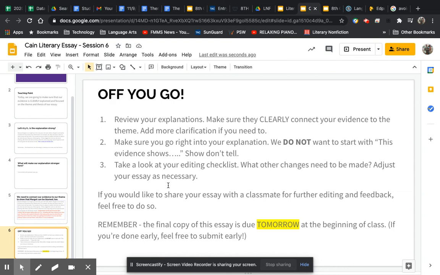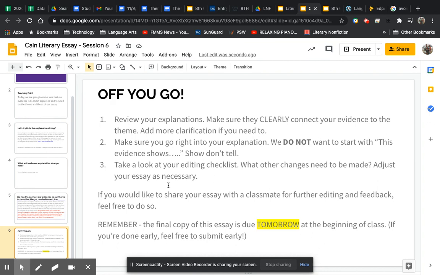And do you need to get rid of the part that says, this evidence shows that? Okay? Check your editing checklist. Make sure you have everything on there. And if you need to fix anything else, fix anything else, okay? I want you to do all of that individually.